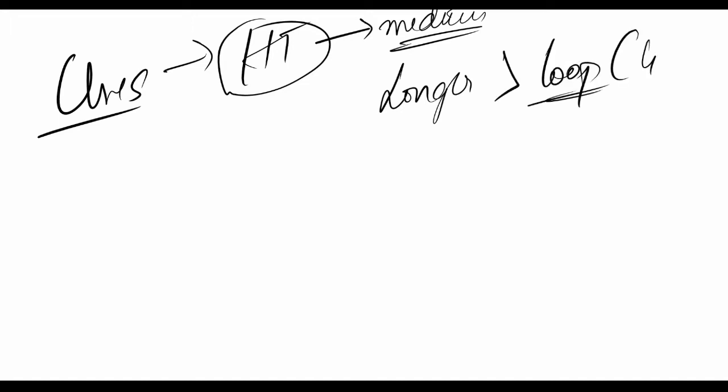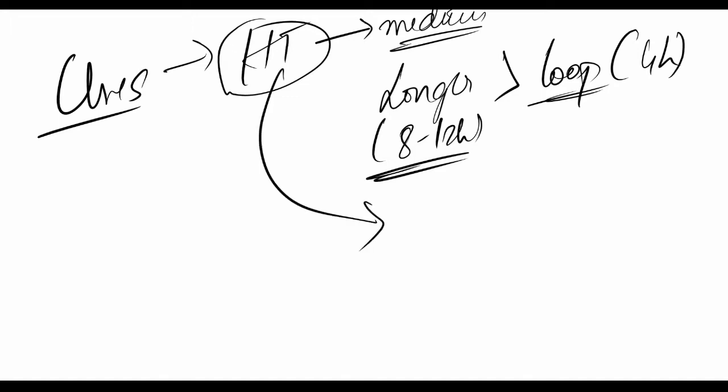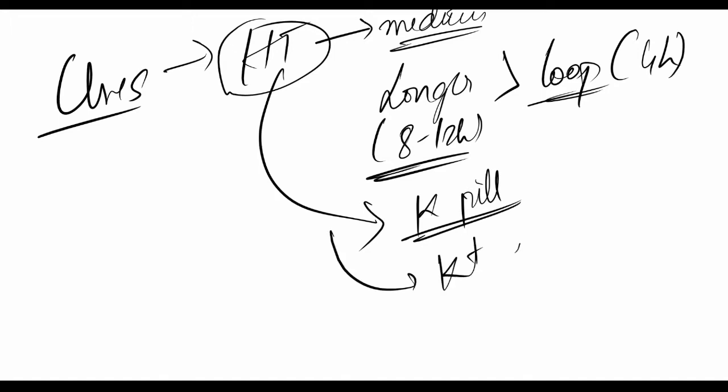Loops were having around 4 hours, they have from 8 to 12 hours of action, and hence 1 or 2 tablets a day are sufficient to maintain the hypertension in the given patient. But they're not given alone, they have to be given with potassium supplements, or with potassium sparing diuretics to compensate for the potassium loss.